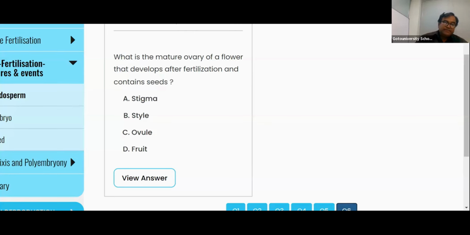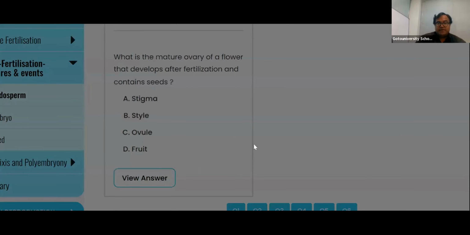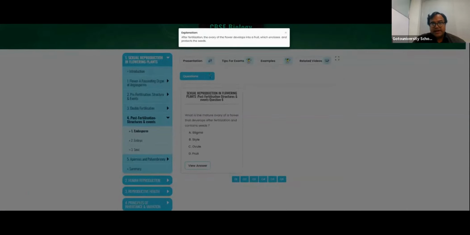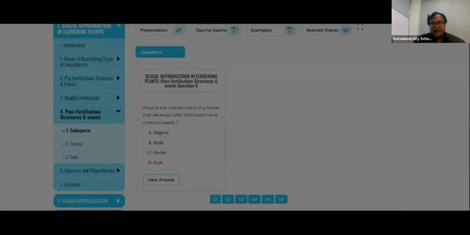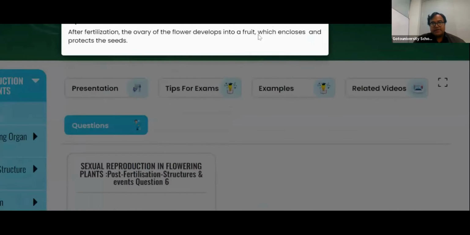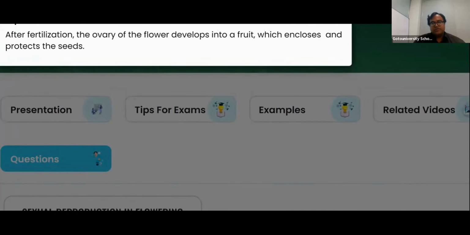Mature ovary. Answer: fruit. Can you see this? The ovary of the flower is the fruit. After fertilization, the ovary of the flower develops into fruit, which encloses and protects the seed. That is the correct answer.